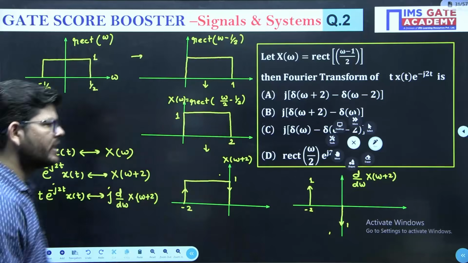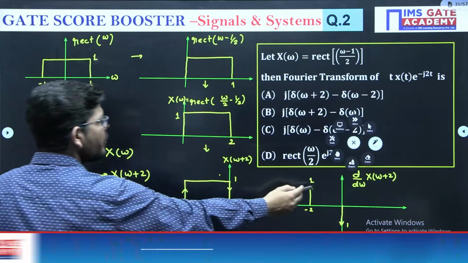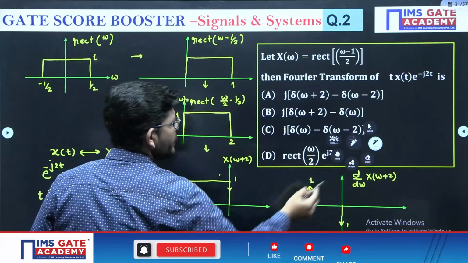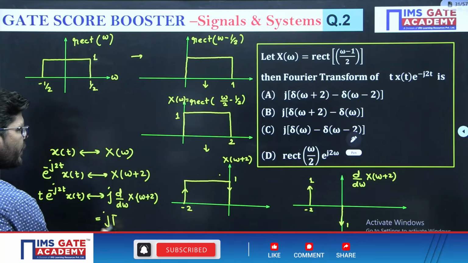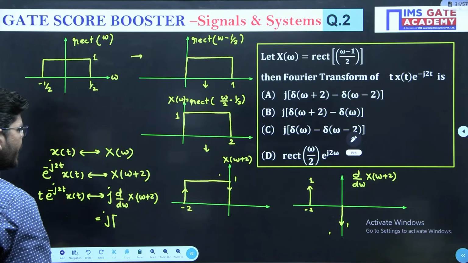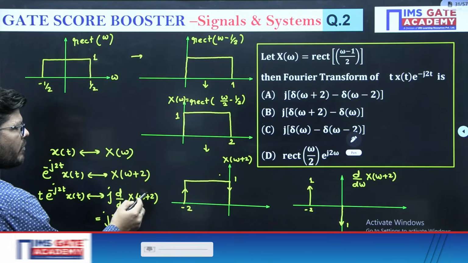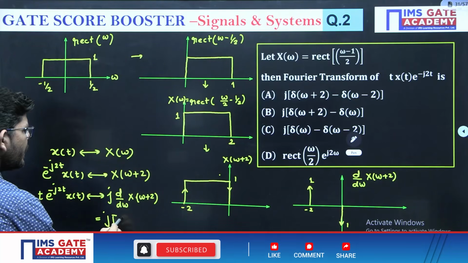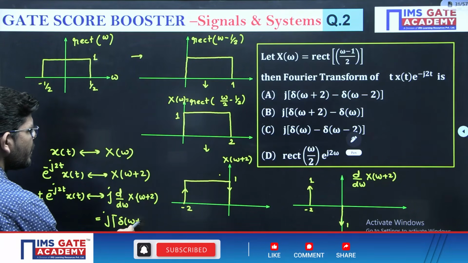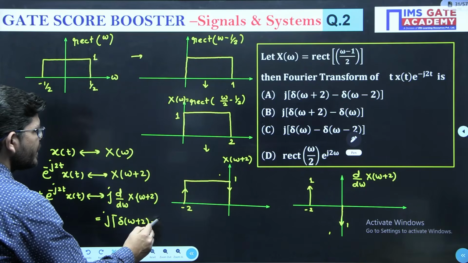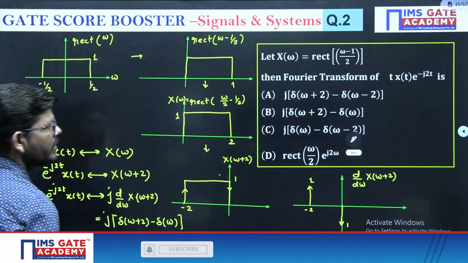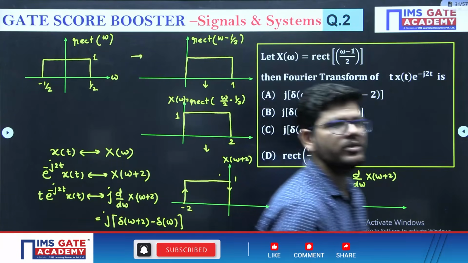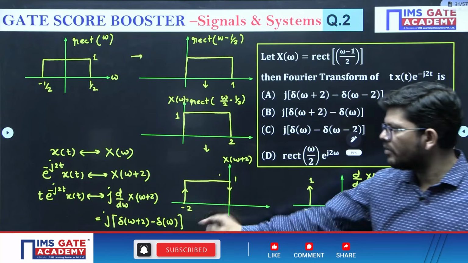Now just write this signal. So if we write this signal, which we have differentiated, this signal will become what? j times what we will get is delta of omega plus 2 minus delta of omega, right? j delta of omega plus 2 minus delta of omega.